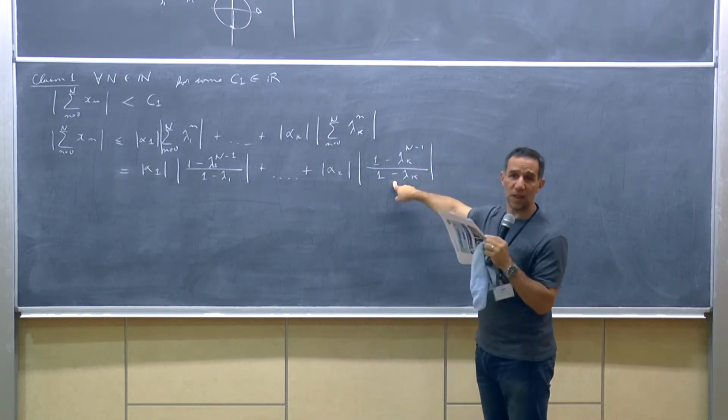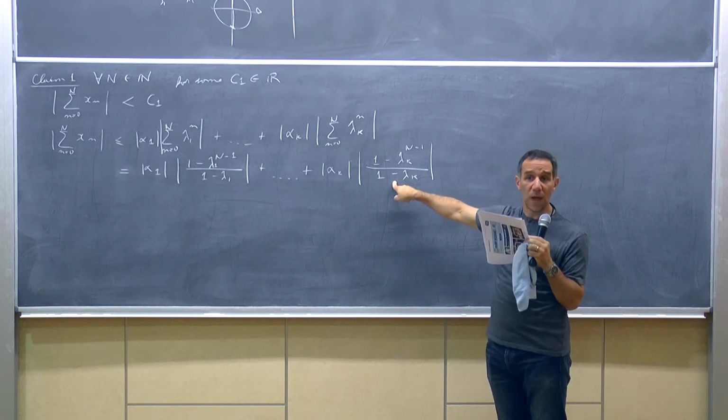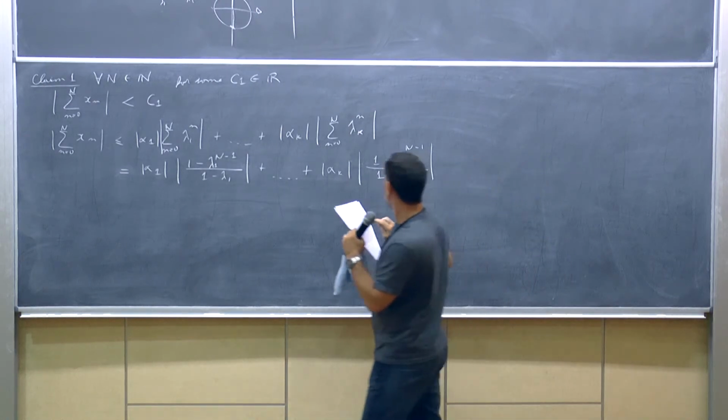Here I use the fact that none of the lambdas are 1, so these divisions are allowed.